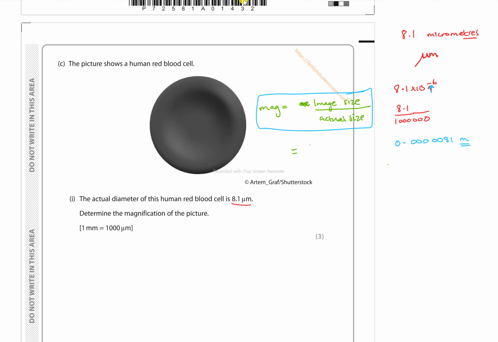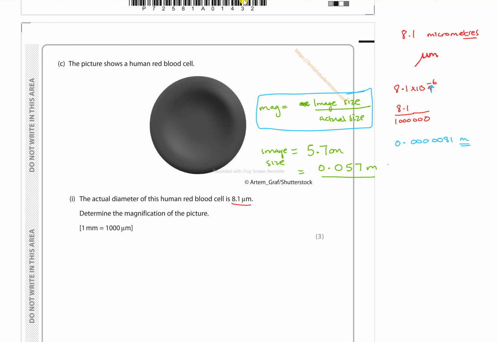Although this year they're giving it, so they've measured the image size at 5 centimeters. If we turn it into meters, it becomes 0.0125 meters.